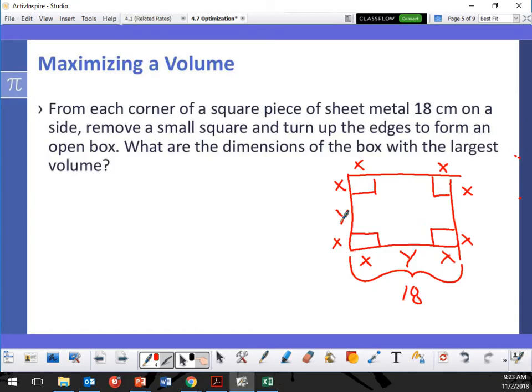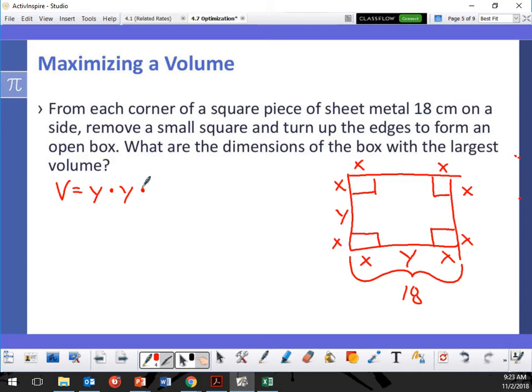So to maximize the volume, I know that V equals, now, the volume is length times width times height, right? So wouldn't that be Y times Y times, what would the height be? It would be X, right?